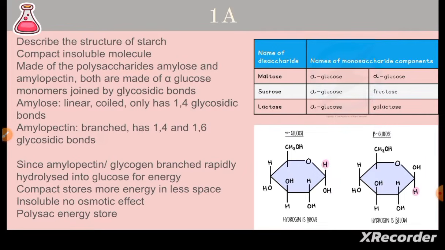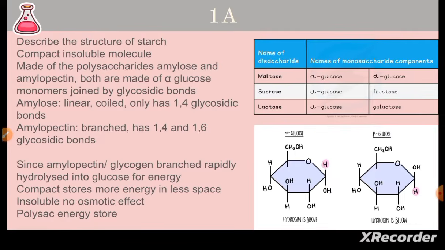But the difference is amylopectin has 1,6 glycosidic bonds. So other than having 1,4 glycosidic bonds, it also has alpha glucose monomers that are joined from the first carbon to the sixth carbon.